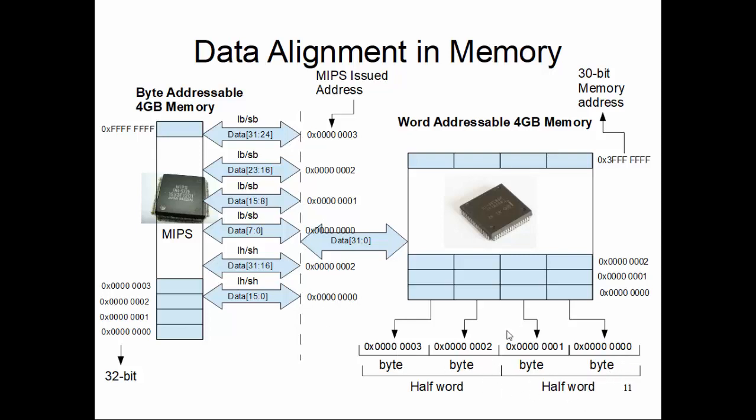And for load word, all 32 bits are placed in order, from 0 to 3, from the MIPS perspective. So this is how load word, load half word, load byte, different data size reading and writing happens in the real world with the real memory system.